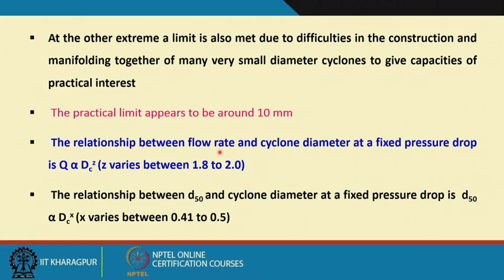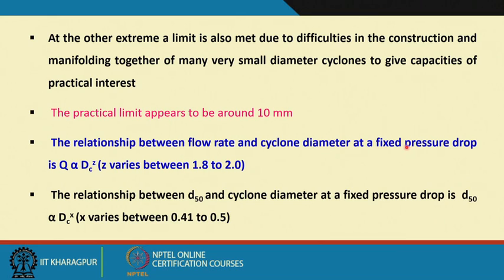I will show you at later stages how you configure them and match the capacity while using smaller diameter cyclones. The relationship between flow rate and cyclone diameter, because your feed inlet you have and your cyclone diameter if it is smaller.